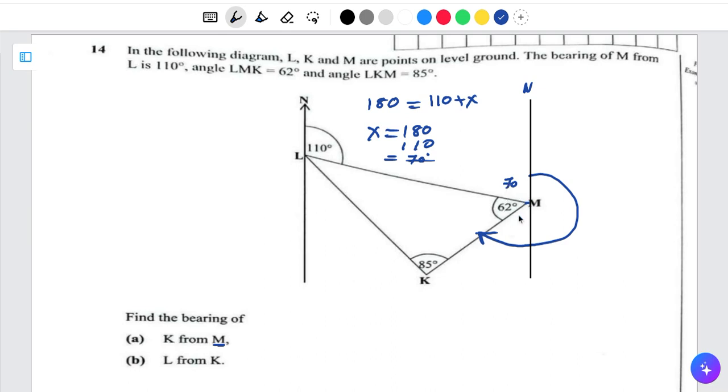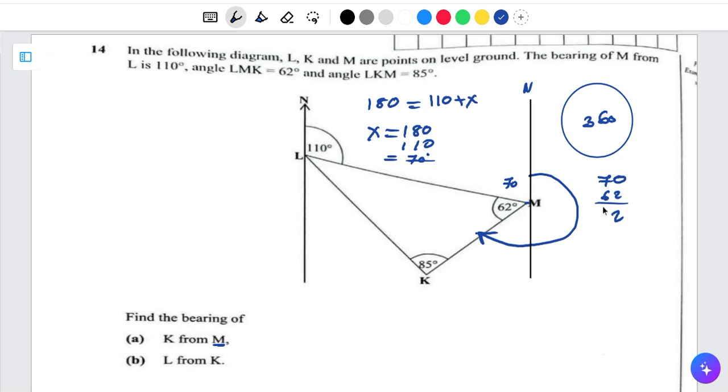So we can say 360 minus 132 degrees. Then let's see what we are going to have. So 360 minus 132. This is going to be 5, this is going to be 10, so this is going to be 8. So 5 minus 3, that is 2, and this is 2.